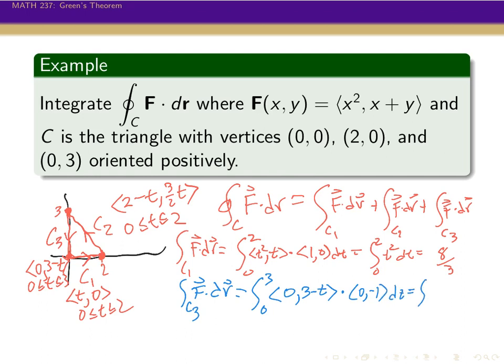And so this turns into the integral from 0 to 3 of t minus 3 dt. And so this is t squared over 2 minus 3t, going from 0 to 3, which gives me 9 halves minus 9.